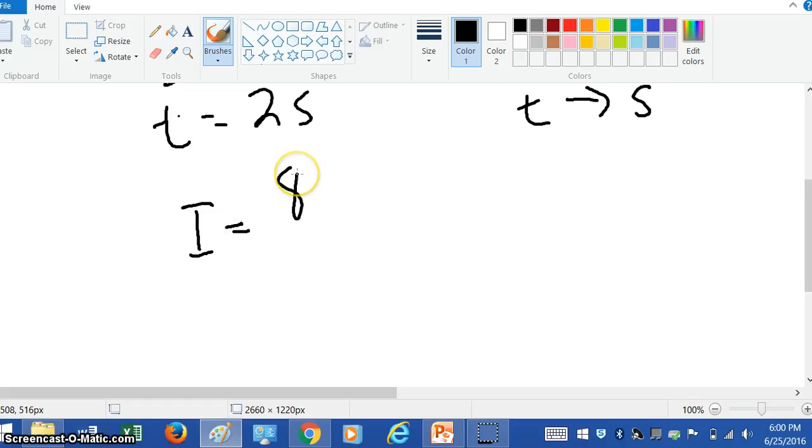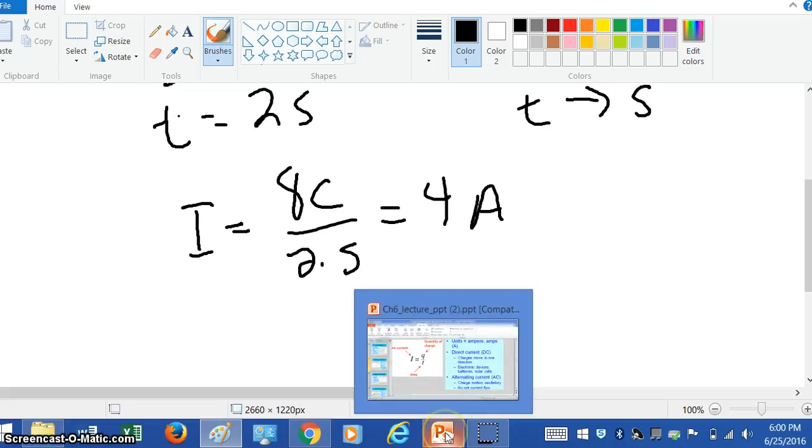So it's 8 coulombs divided by 2 seconds. And as far as units go, a coulomb per second is also known as an amp. So this would be 4 amps. Alright, and so there's our first example.